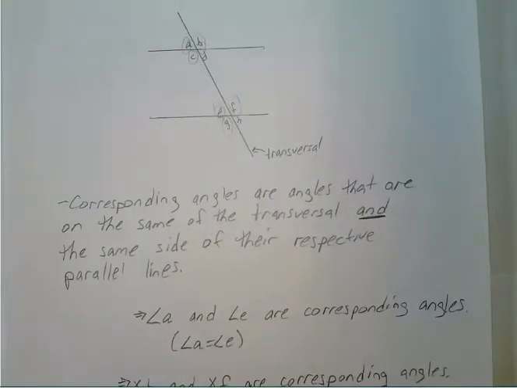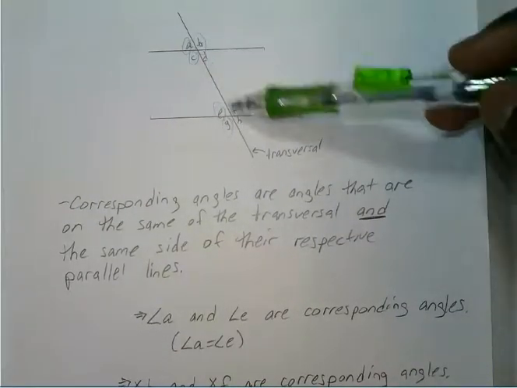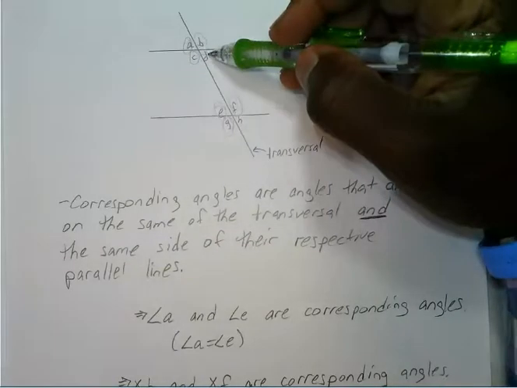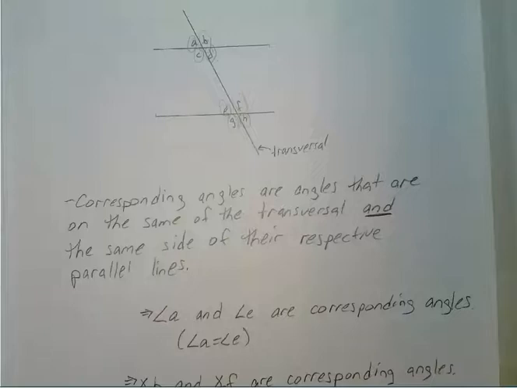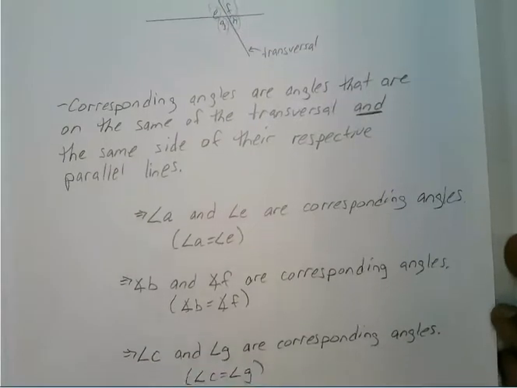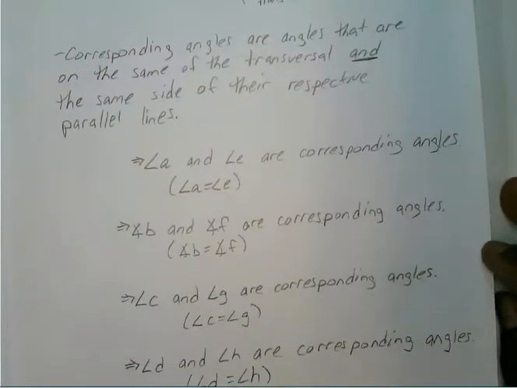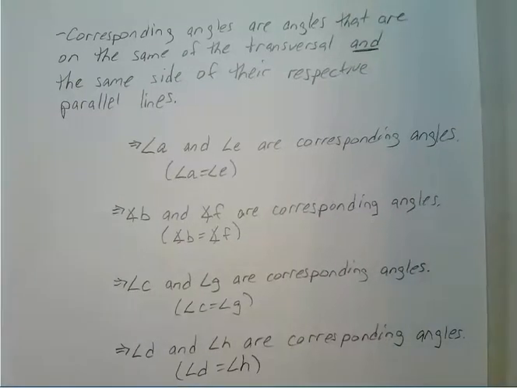If you look at angle D and angle H, again, they're on the same side of the transversal, and they're both at the bottom of their parallel line. Scrolling back up, that means angle D and angle H are corresponding angles, and it also means angle D is equal to angle H.